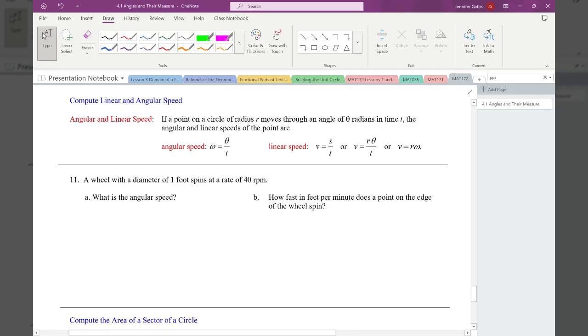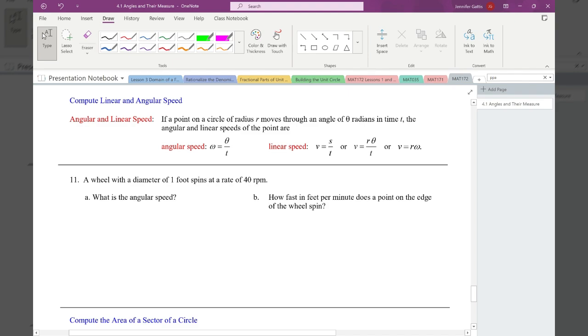So we look at that in revolutions. And in order to calculate the angular speed, we use the formula. This is actually lowercase omega is equal to theta over t, where t is time, and theta is in radians.